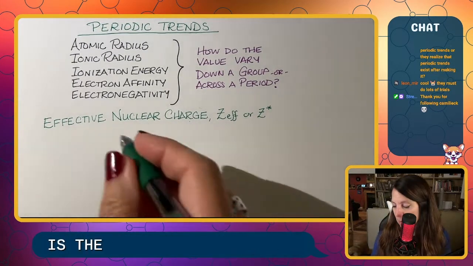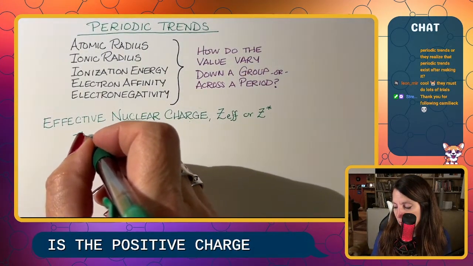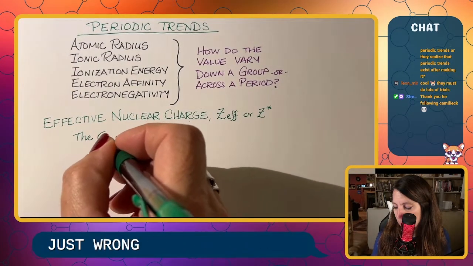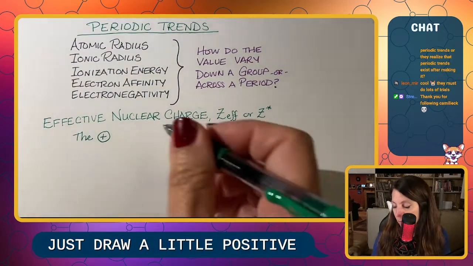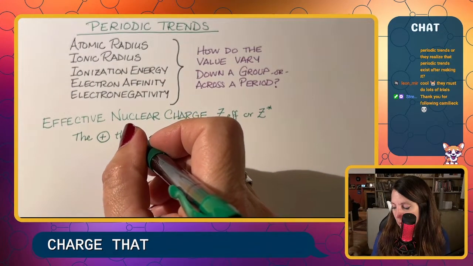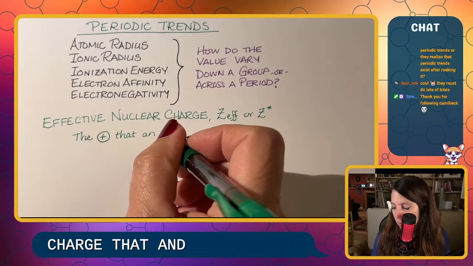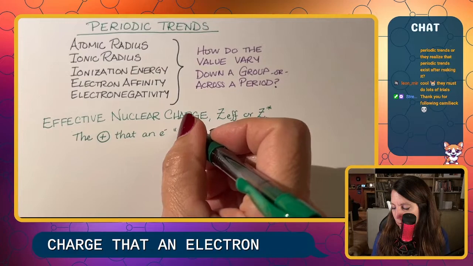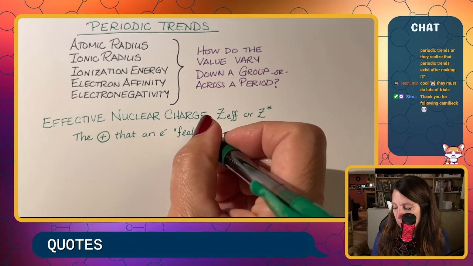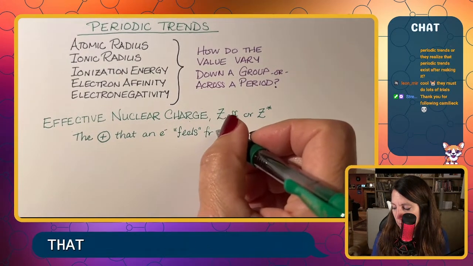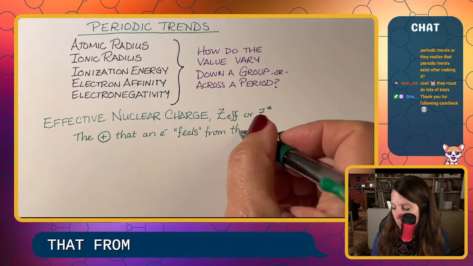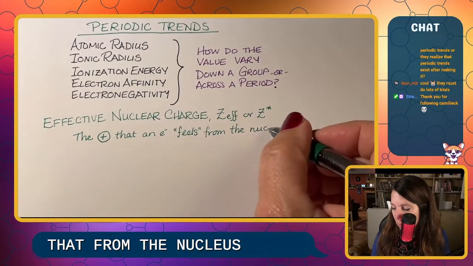All right? And so, essentially, what effective nuclear charge is, this is the positive charge, so I'll just draw a little positive charge, that an electron feels, and I'll put that in quotes, and we'll talk about that, from the nucleus.